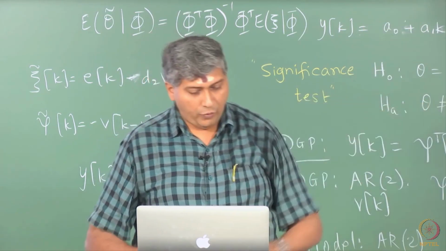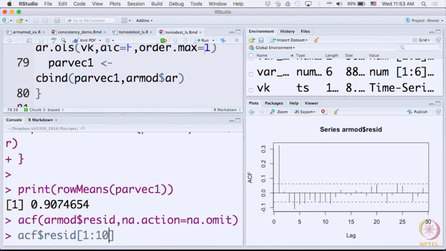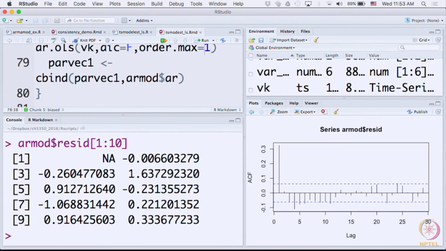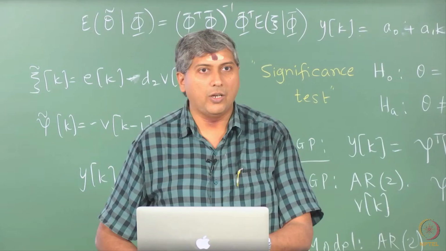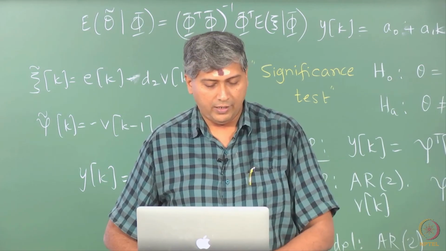If you look at the first value of the residuals here, it will show you NA as the first one, because there is no prediction there. What we are telling ACF is to ignore that NA value, something you have to keep in mind. ARIMA, on the other hand, will not result in these things.